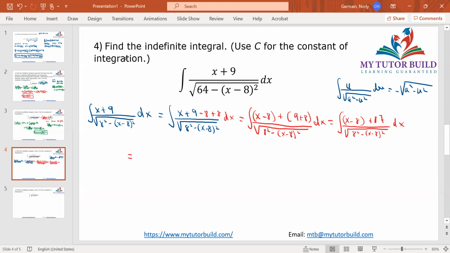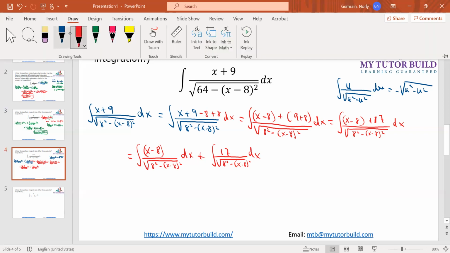Now, we can distribute. We can have a first term with x minus 8 over square roots of 8 square minus x minus 8 square dx, plus 17 over square root of 8 square minus x minus 8 square dx. Some other formulas you need to remember here. I'm going to use a different color to show you this.